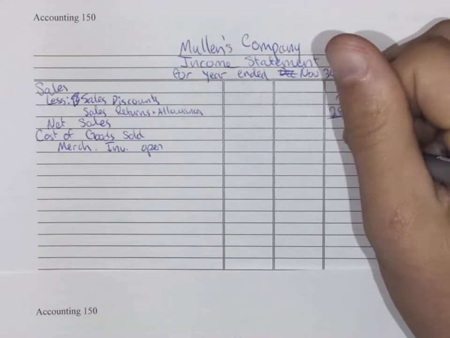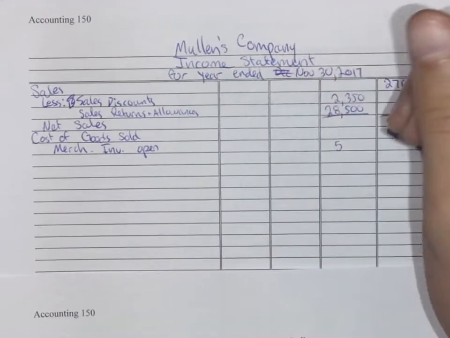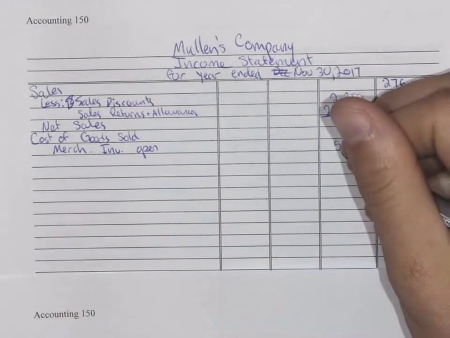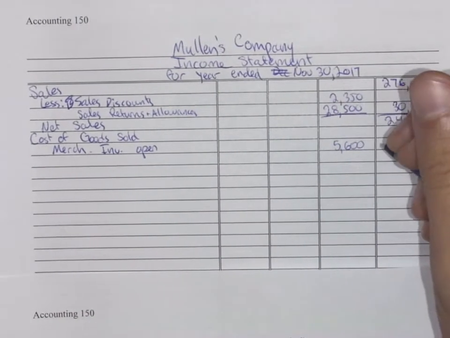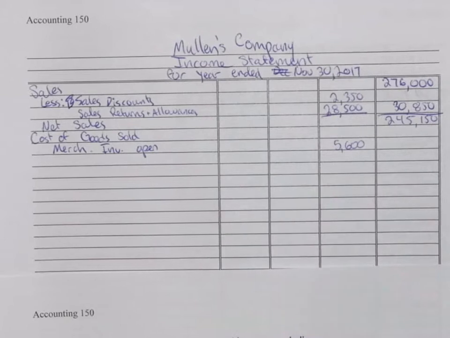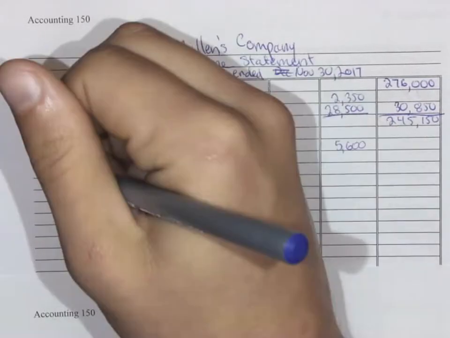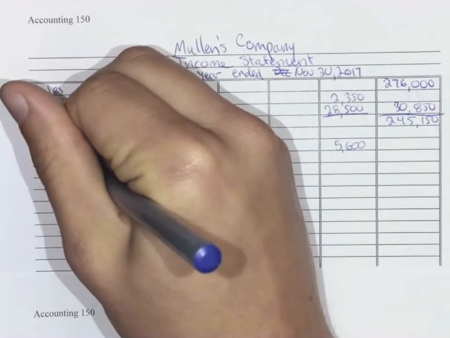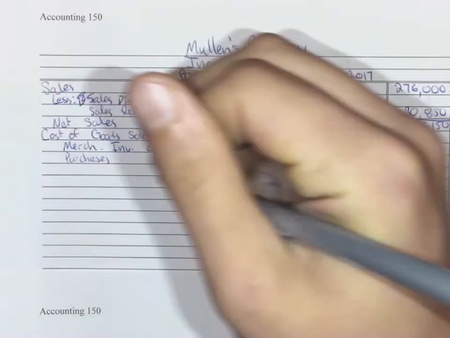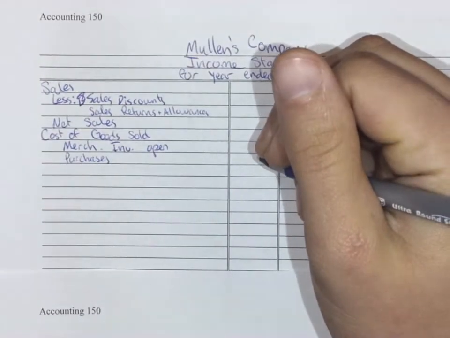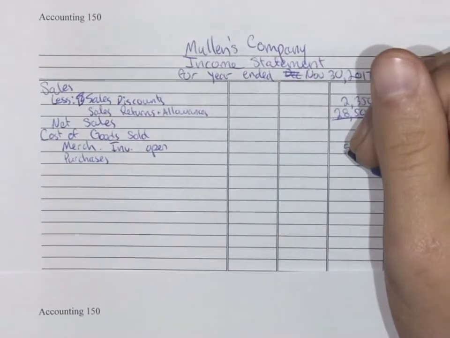Merchandise inventory opening was $5,600. We then have our purchases. And our purchases were $120,000.